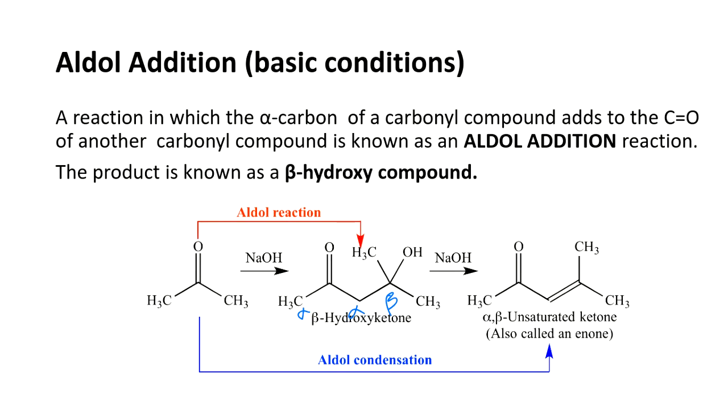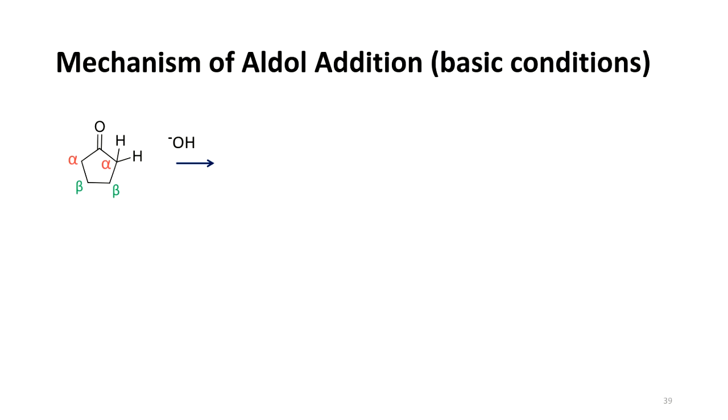Let's see if we can work through the mechanism. The first step is that we are going to form our carbanion. So the base will abstract one of the acidic protons, and we end up with our carbanion. This carbanion now becomes a nucleophile.